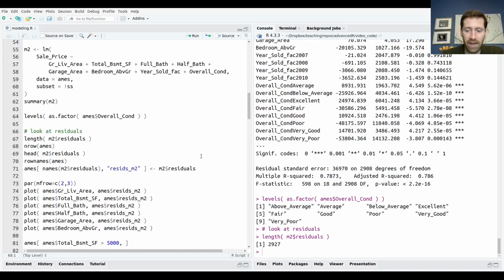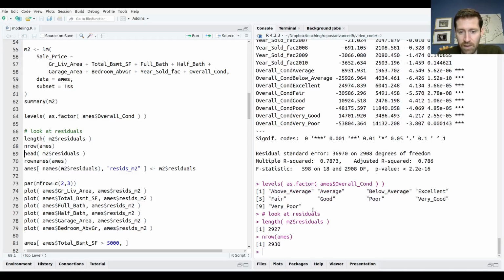If you look at that versus the number of rows of Ames, they differ by 3. This is because when they fit the model, if there are any missing values in any of the variables, by default the model takes those data points out. And apparently there are 3 rows with missing values, and so it took those out. It doesn't include them here.